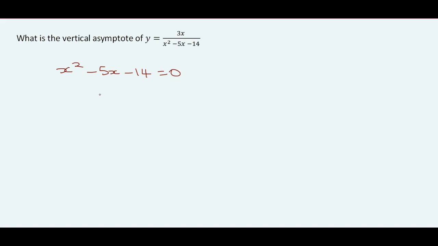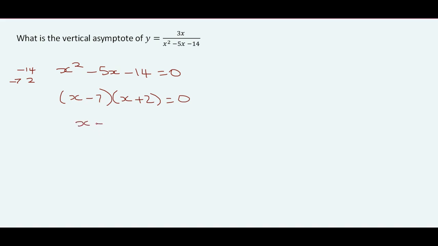So I'm going to just factor this. What are the factors of -14 that add up to -5? So we have 7 and 2 give us 14. So we're going to put the negative on the 7 and the positive on the 2. So we now have x minus 7, x plus 2 equal to 0. So for these two products to give you 0, each of them could be 0.